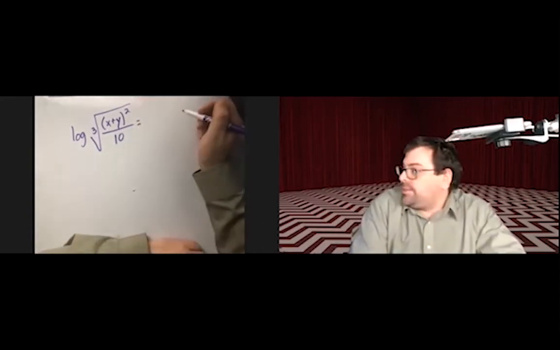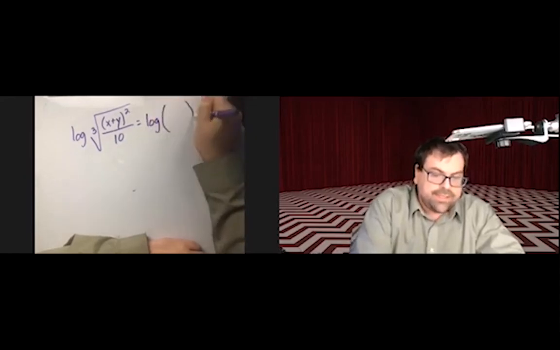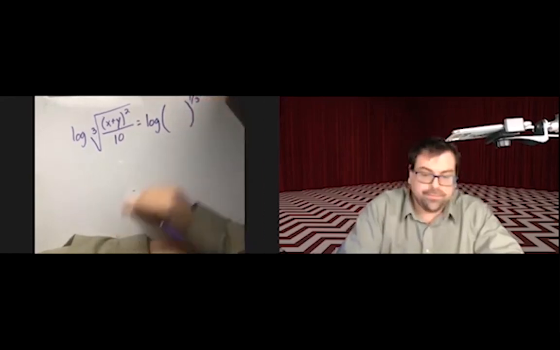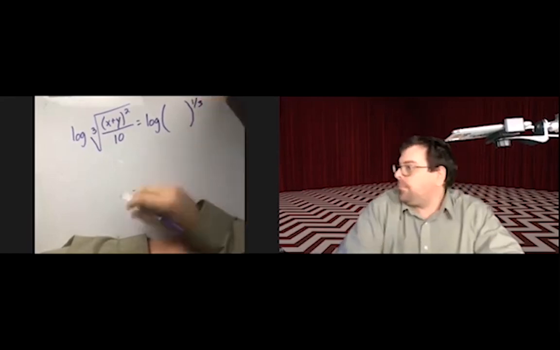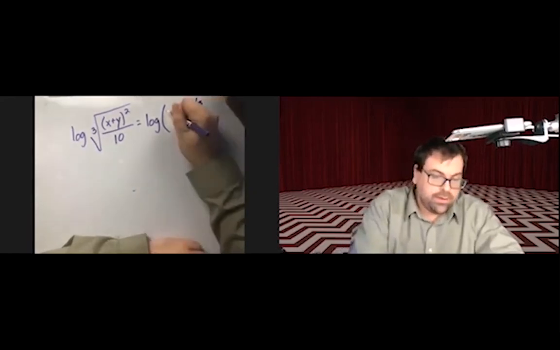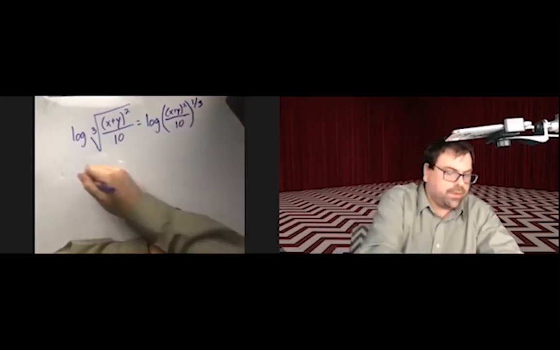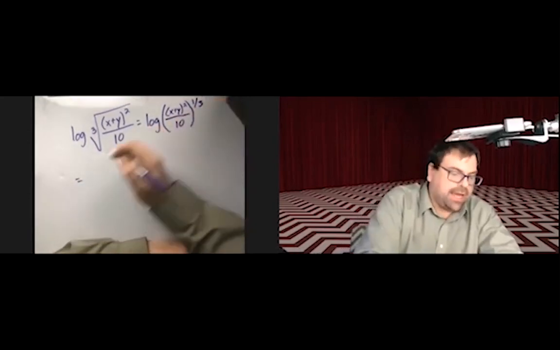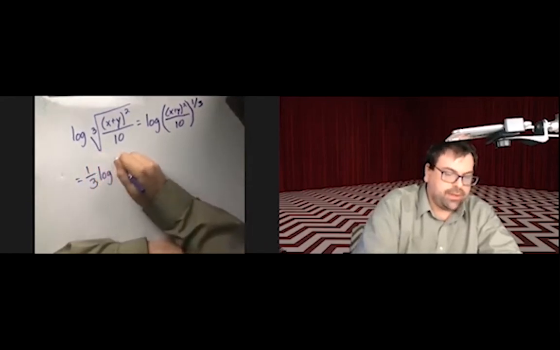We can write this instead of as a cube root, to the 1/3 power: x plus y squared over 10. We can take that 1/3 power and bring it out front as multiplication.